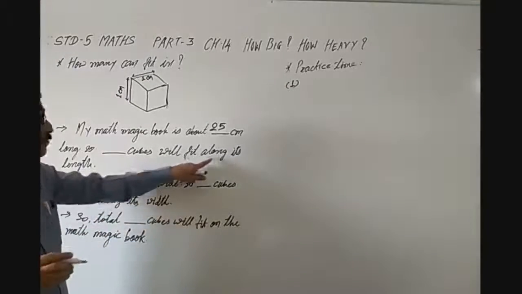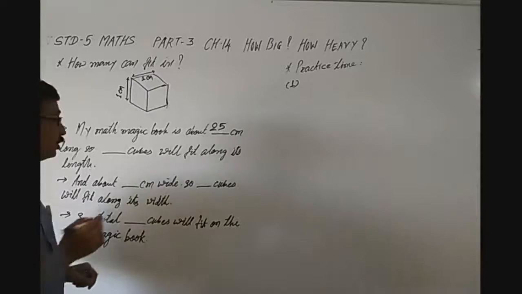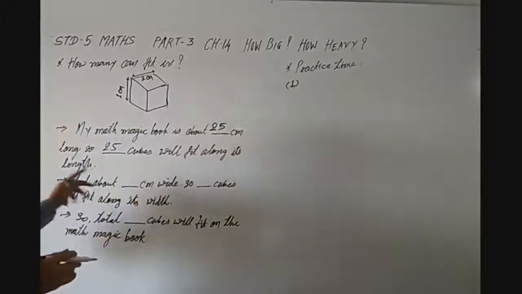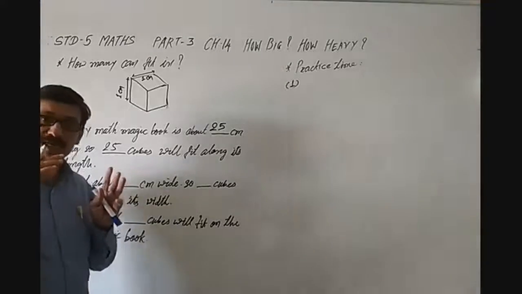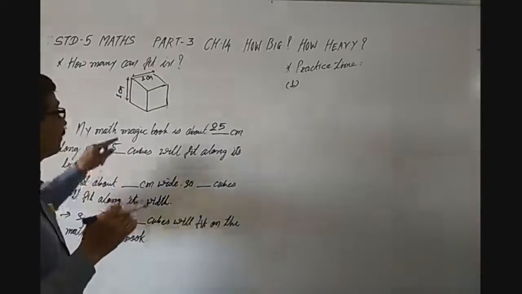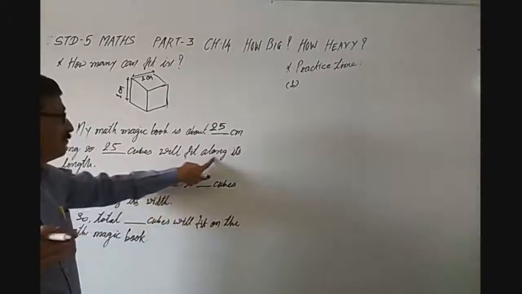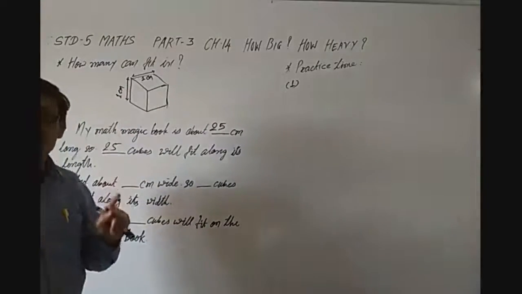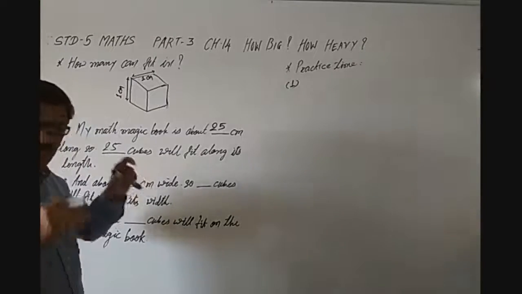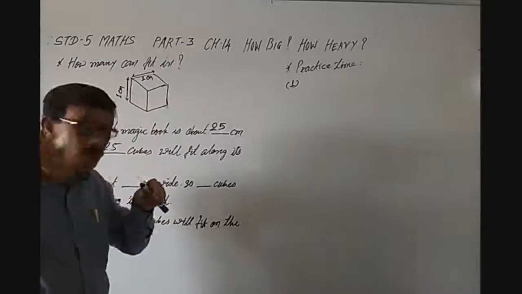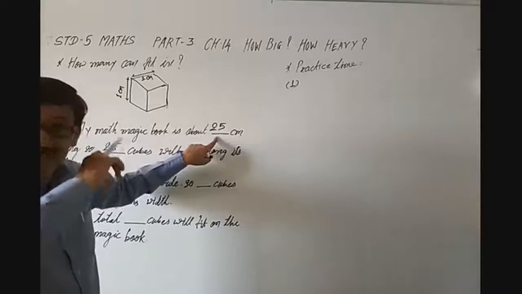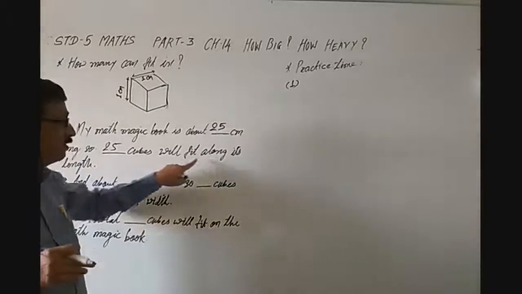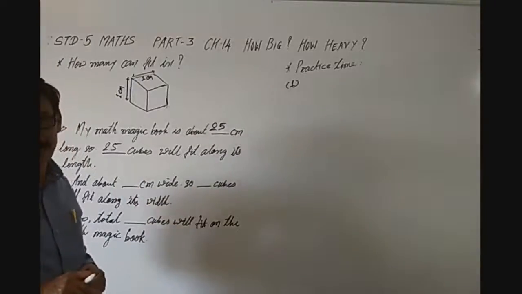So 25 cubes will fit along its length. See, this type of activity we did. Why? Because the length of the book is 25. So we can arrange 25 cubes along the length of the mathematics book. That is why 25 cubes will fit along its length.